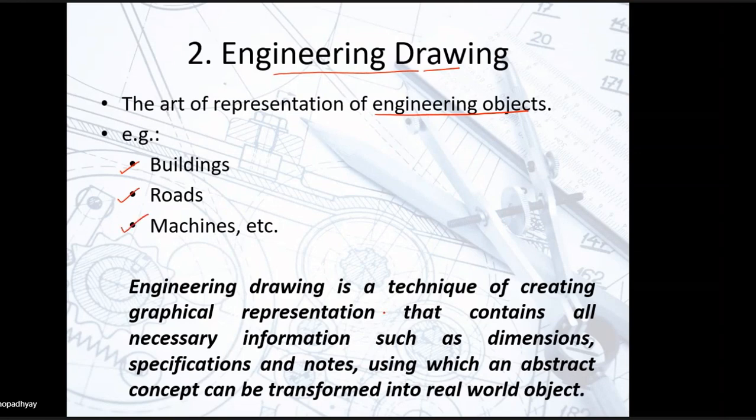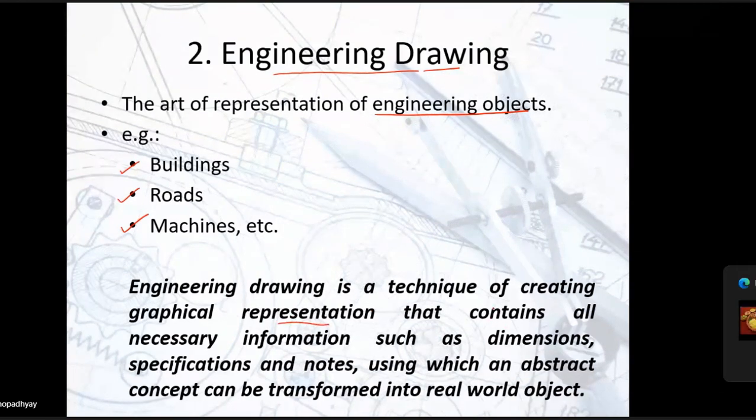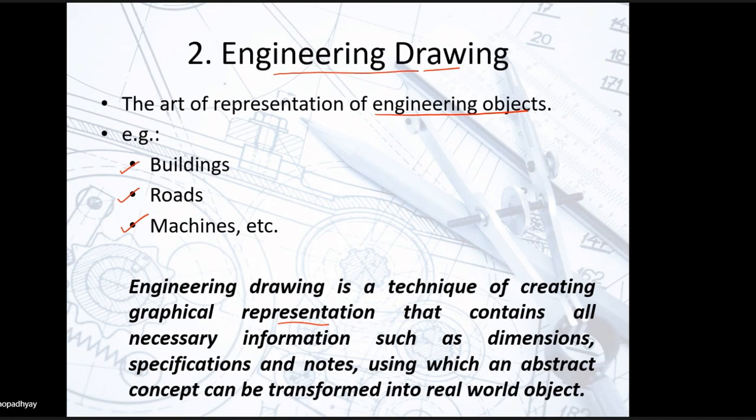So engineering drawing, it is a technique of creating graphical representation which contains necessary information such as dimension, some specification, some notes, using which an abstract concept can be transformed into real world object, right? So whenever you want to manufacture something, you have to convey the information on a 2D sheet, on a two-dimensional sheet.